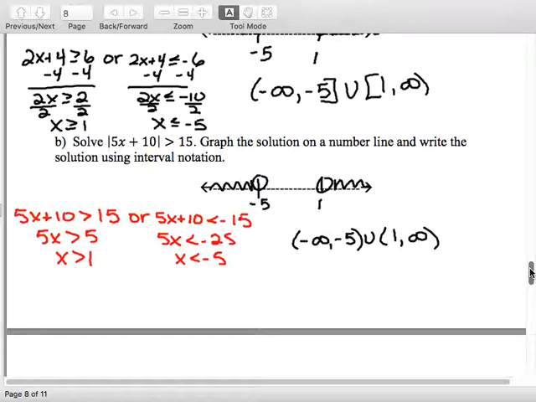Make sure you put it on a number line and you write the interval notation. Check it at the board.